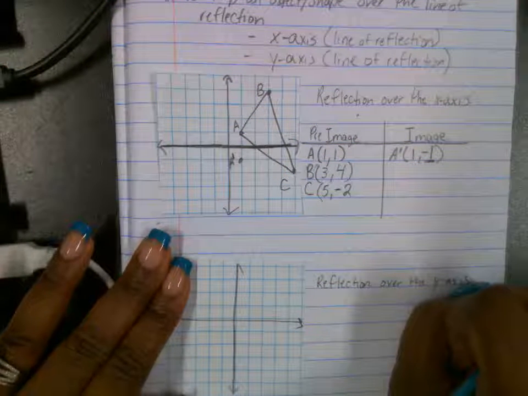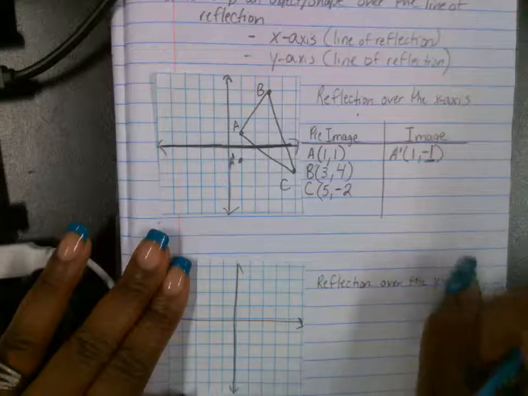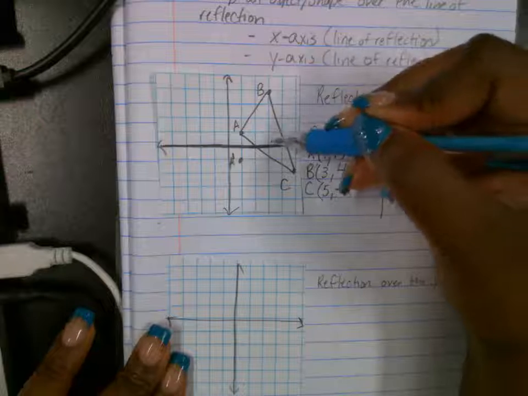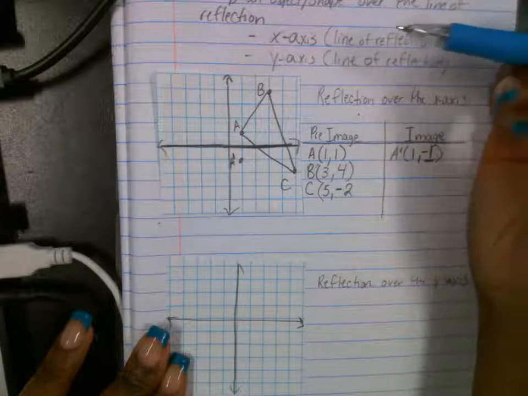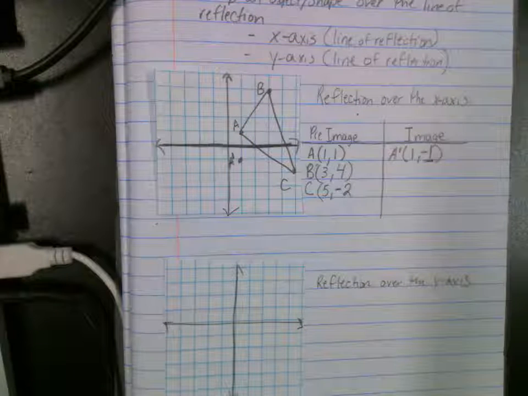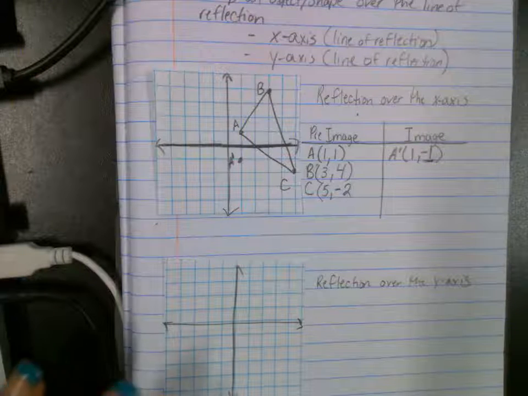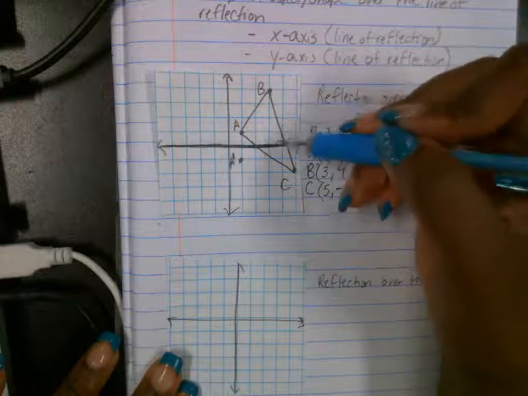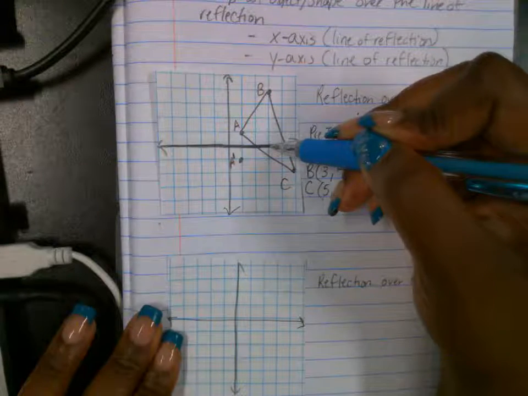Now let's figure out where B would be. B is above the line. How far is B above the line? 4. 1, 2, 3, 4. So when I flip it, where is it going to be? 4 below the x-axis. Very good.